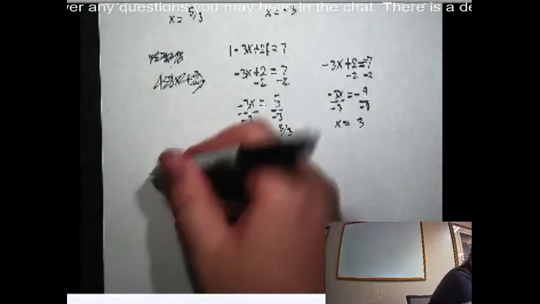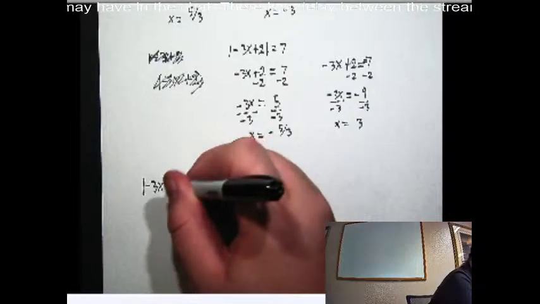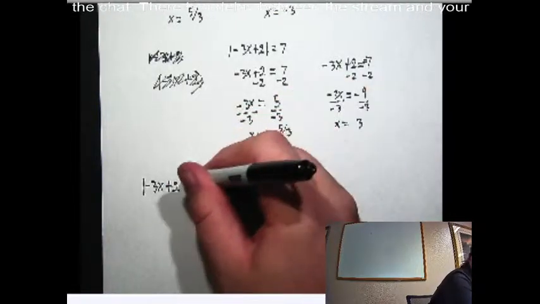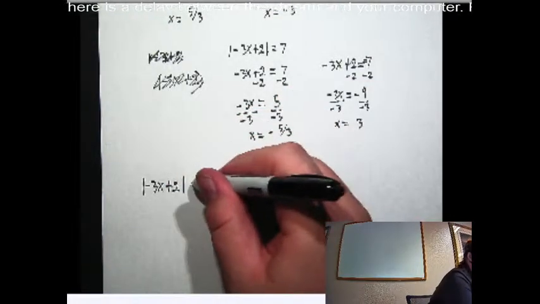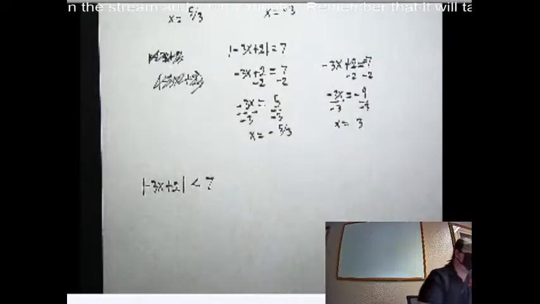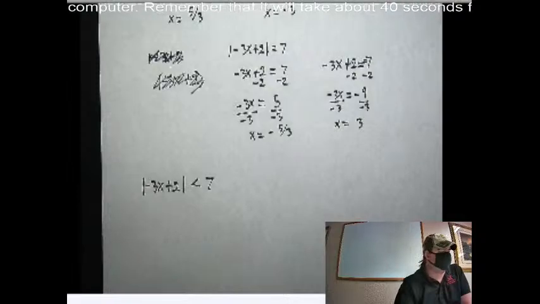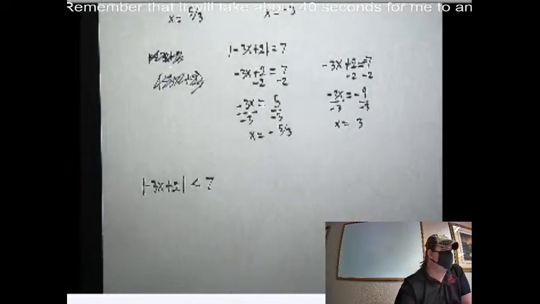Change one more thing about this, and that is negative 3x plus 2, absolute value, is less than 7. Okay?